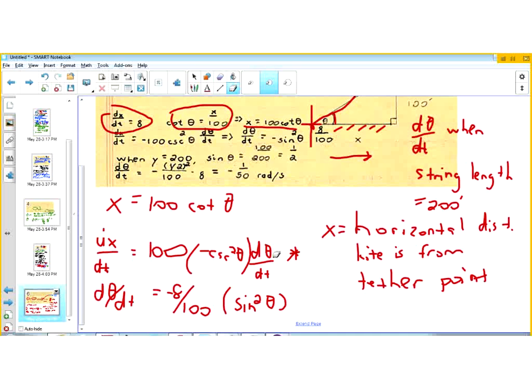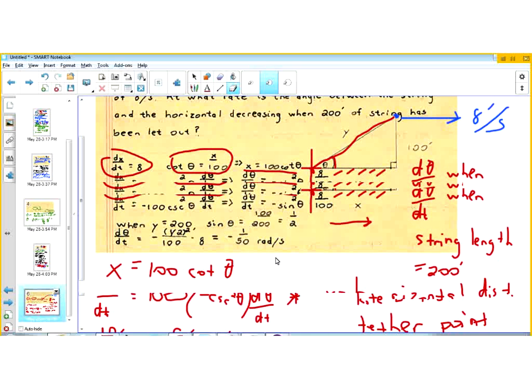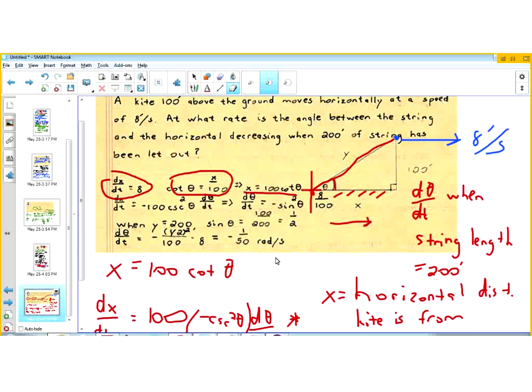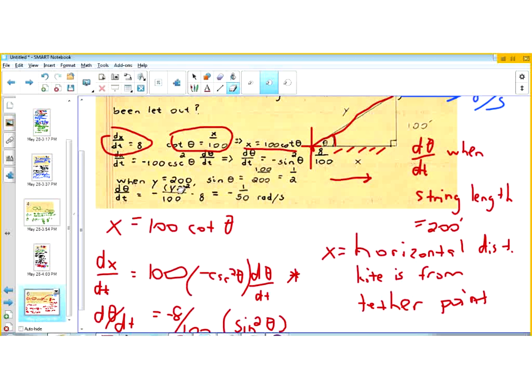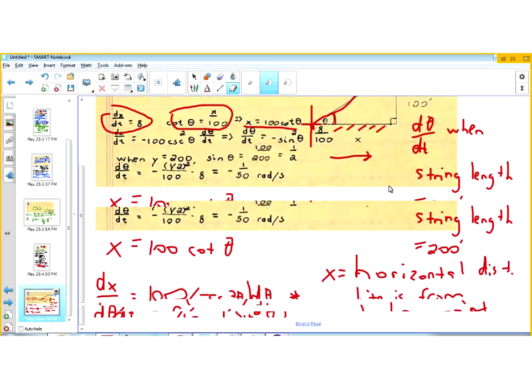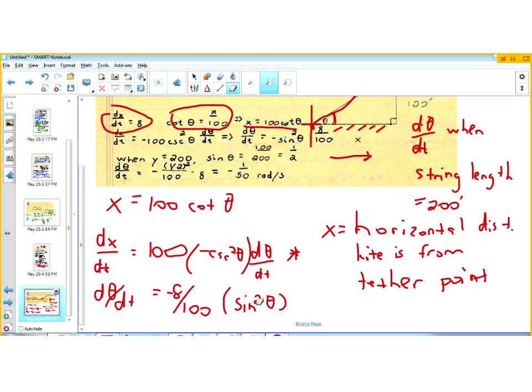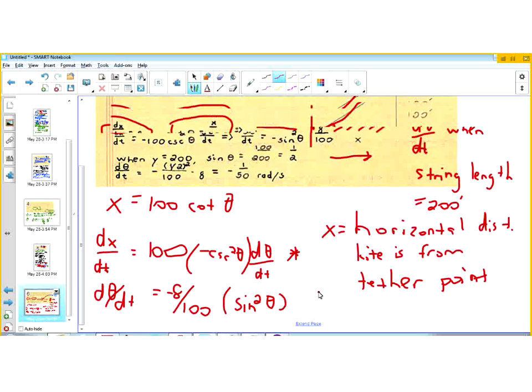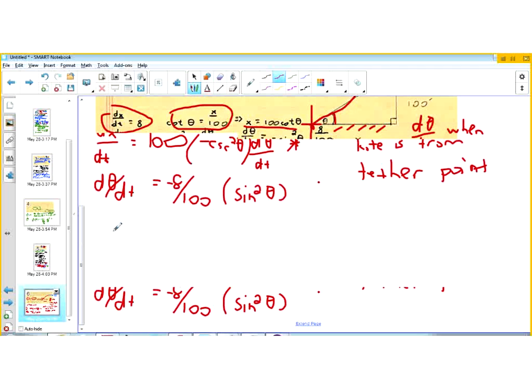Okay, so we want to know what? When y is 200 feet, what is d theta over dt? When y is 200, the sine of theta is equal to a half, as you can see from this illustration. So all we do is plug in a half for sine theta, and in this case sine squared theta would be a quarter. So when y is 200, we get a value for theta.